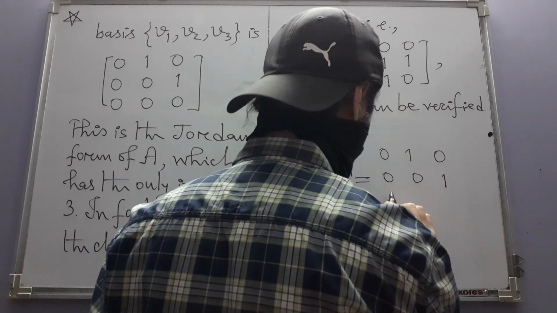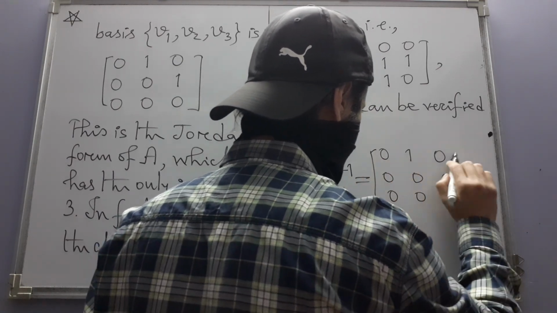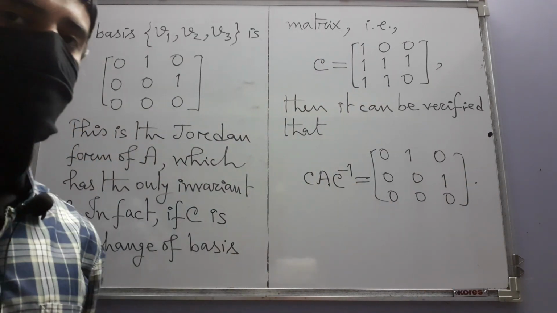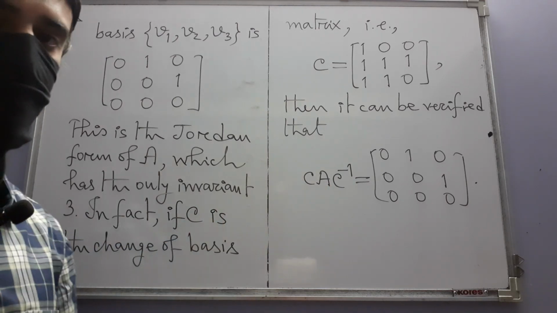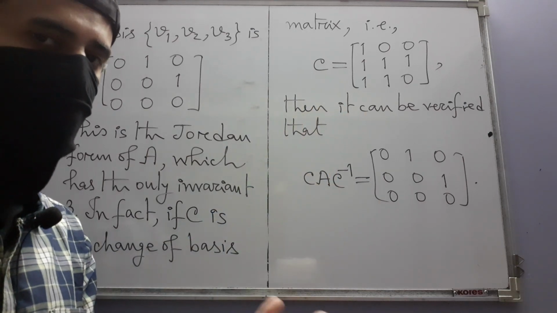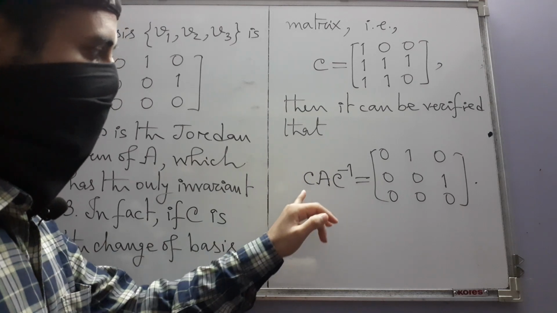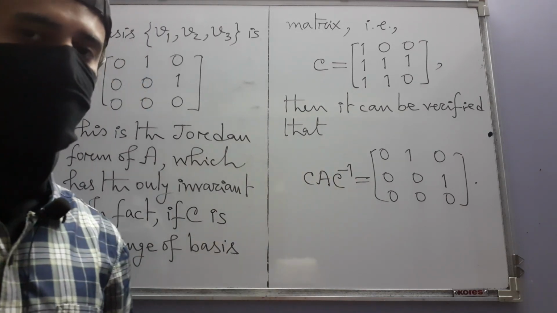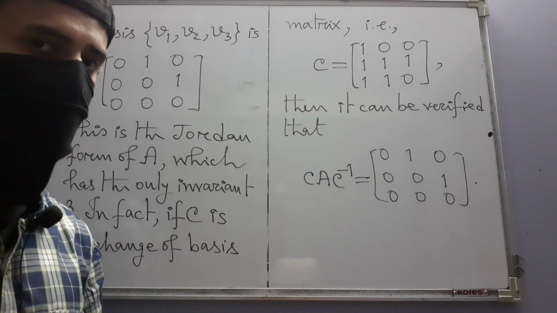Because you now have C and you of course already know A. So what I want you to do is really do this calculation. You calculate the product CA, you then also find the inverse of C in your usual manner, whatever method you want to use, and then calculate the product of CA and C inverse. You will see that you really get this matrix. Okay, so that's part A.